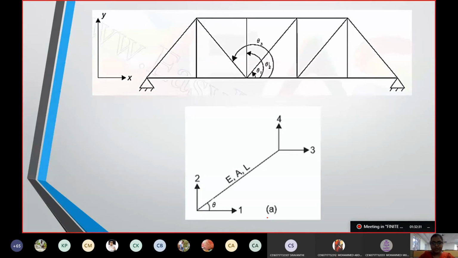Are we done with the figure? Are we done with the figure? No, ma'am. Please take the figure of the element only, if it is taking very long.